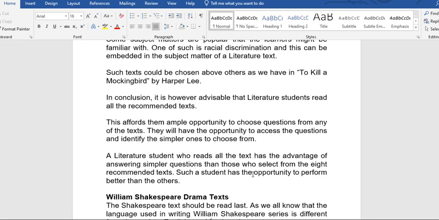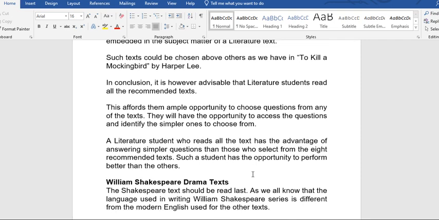A literature student who reads all the texts has the advantage of answering simpler questions than those who select from the 8 recommended texts. Such a student has the opportunity to perform better than the others.